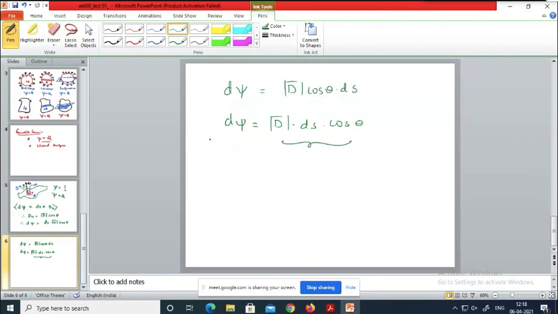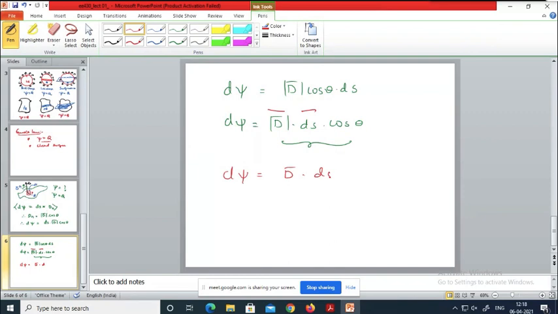Can somebody tell me how this looks? Yes, very first class: dot product. Exactly, it is nothing but the dot product of two vectors. This is one vector and this is another vector. Just take the dot product of these two, you will be getting the total flux.